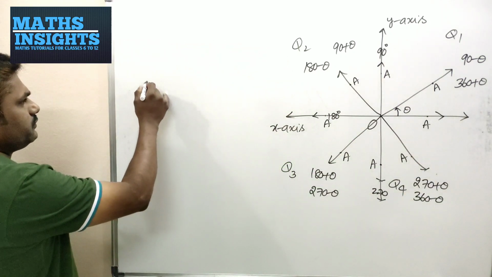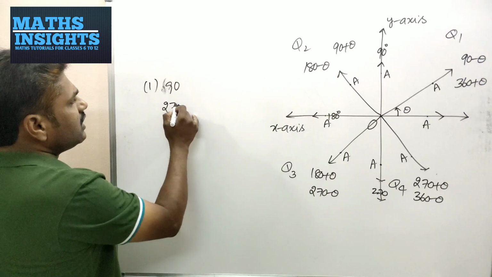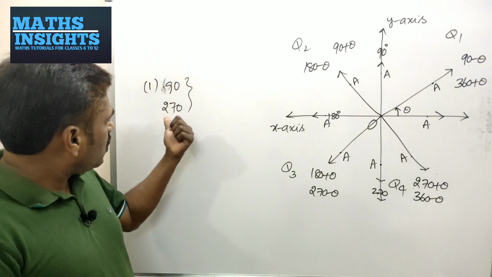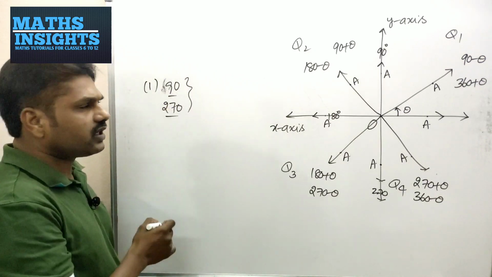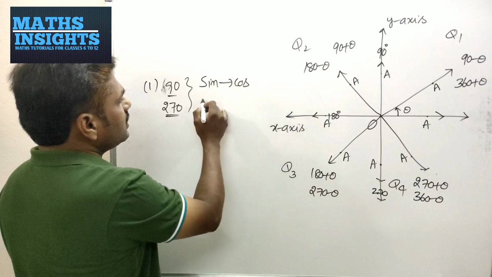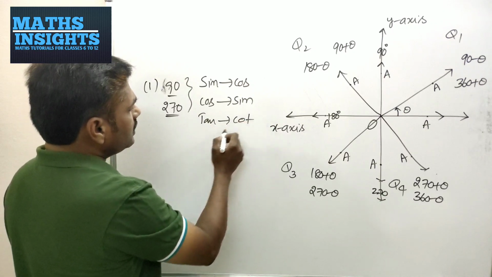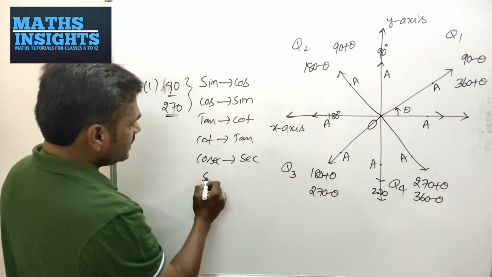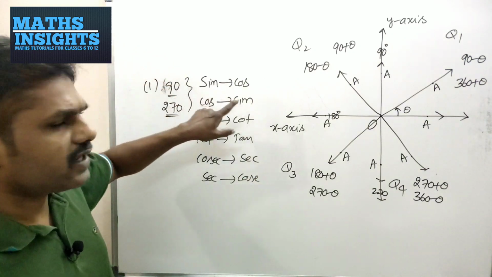The first point is: when 90 and 270 come, when you want to find sin 90 plus theta or sin 90 minus theta, or cos 270 plus theta, cos 270 minus theta, when these odd numbers, 90 and 270, come, sin will become cos, cos will become sin, tan will become cot, cot will become tan, cosecant will become secant, secant will become cosecant.